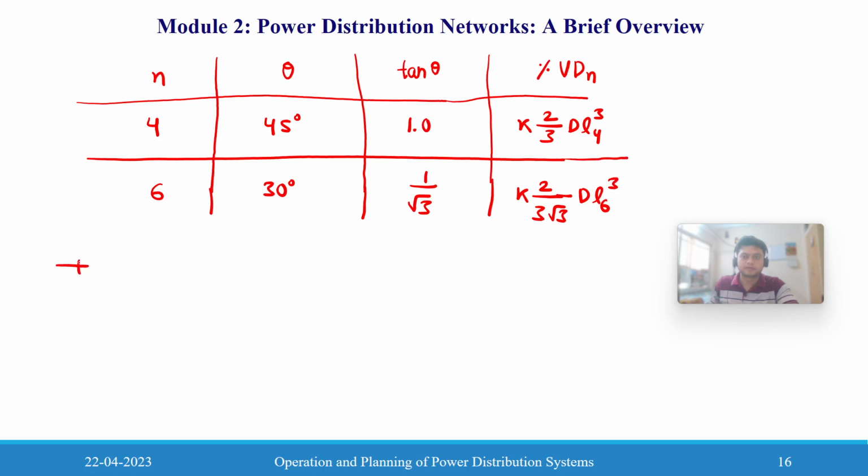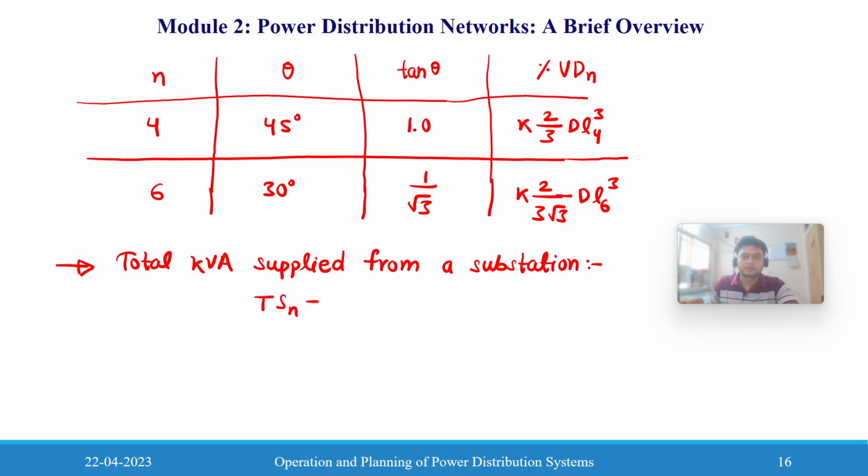And now the last term is the total kVA supplied from the substation. Total kVA supplied from a substation, TSN, is equal to NSN, TSN, N into DAN.